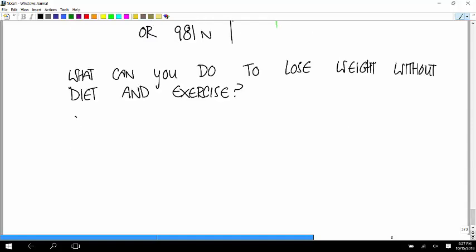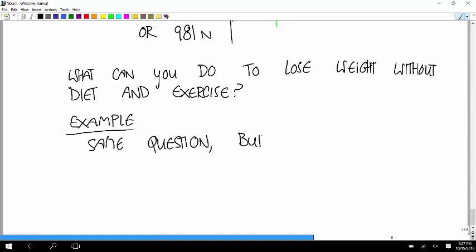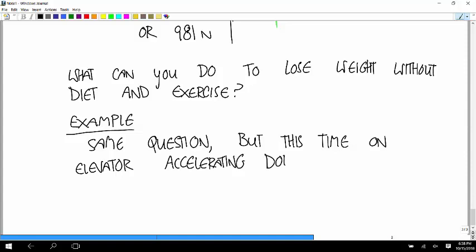So we're going to do the same thing again. Same question, but this time the scale and the man are on an elevator that's accelerating down at, let's say, 2 meters per second squared.